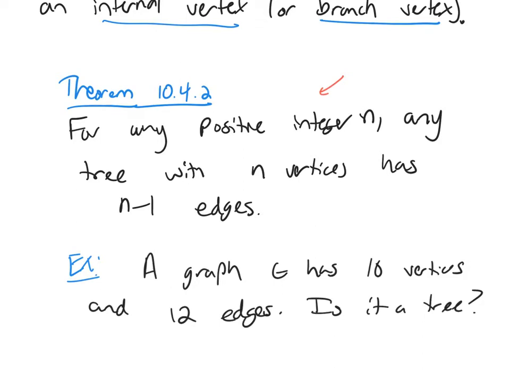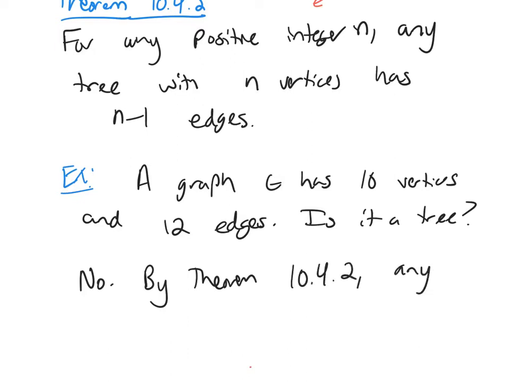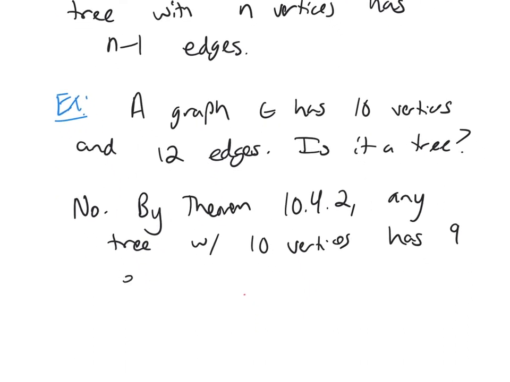According to this theorem, if my graph has 10 vertices, how many edges does it contain? 1 less, so it has 9 edges, which means this is not going to be a tree. So the answer is no by this theorem, theorem 10.4.2. Any tree with 10 vertices has 9 edges, not 12.